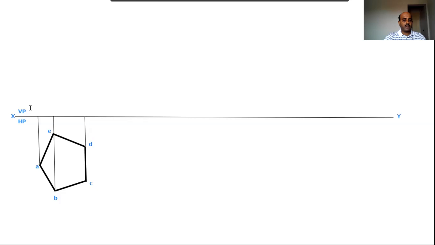So therefore, mark the points first. A dash, and in the bracket we will have A dash. This will remain the same with respect to the previous problem that we did.